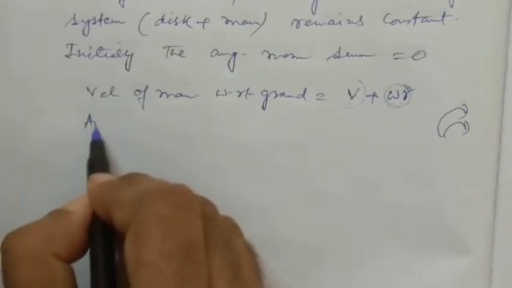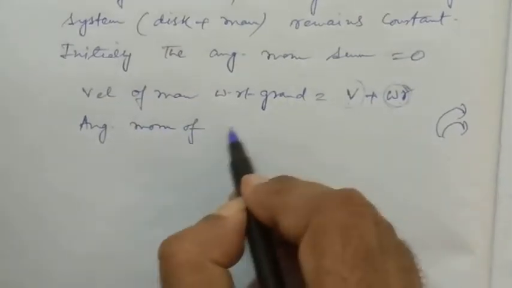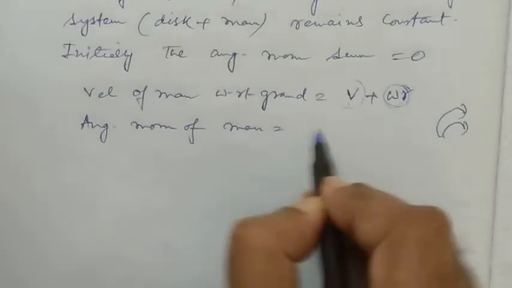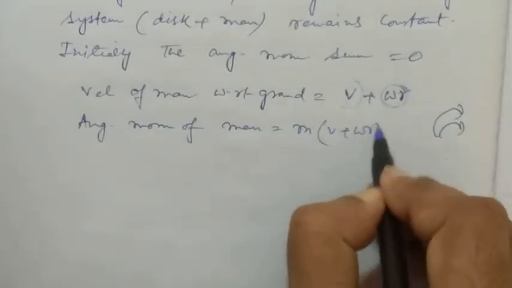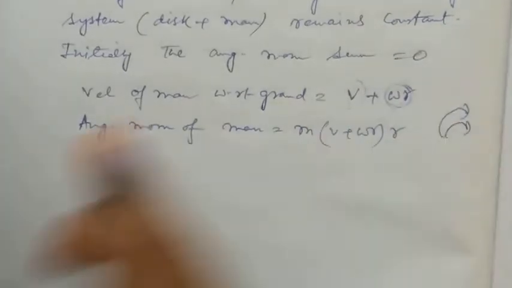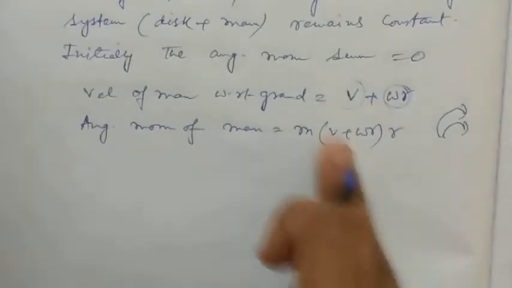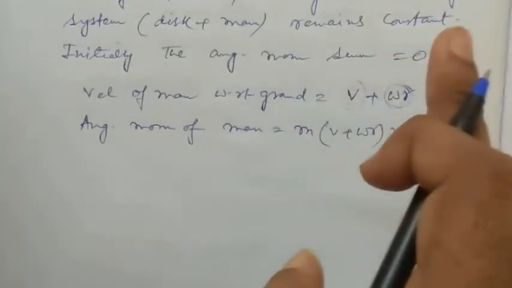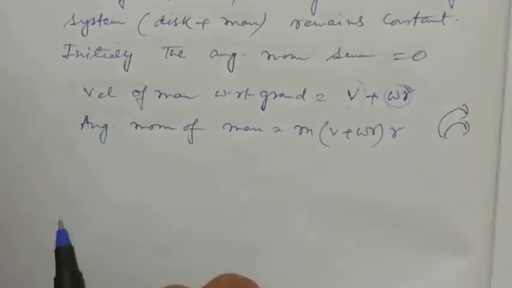So the angular momentum of the man will be m into v plus omega r into r. We know the formula for the angular momentum of the man, that is mvr. Now this v must be equal to v plus omega r. The relative velocity will be v plus omega r.